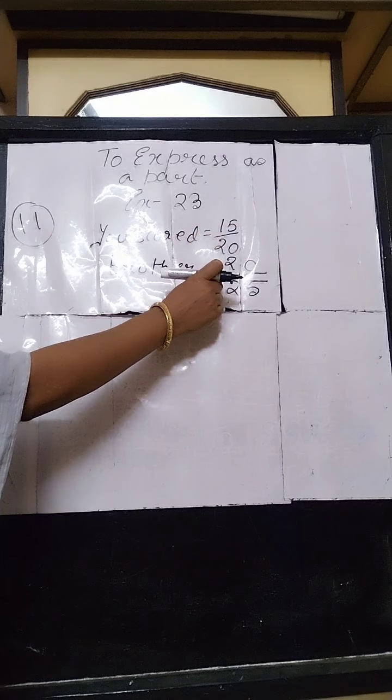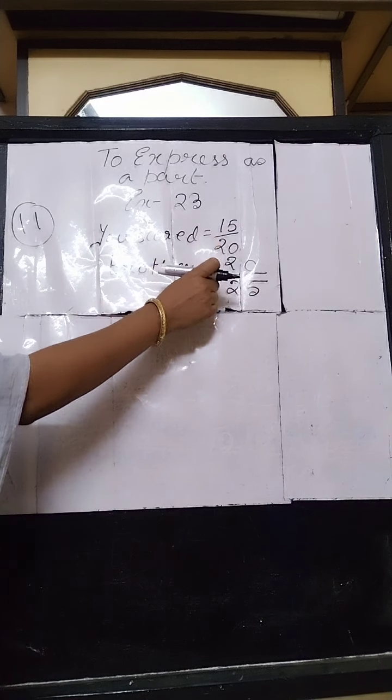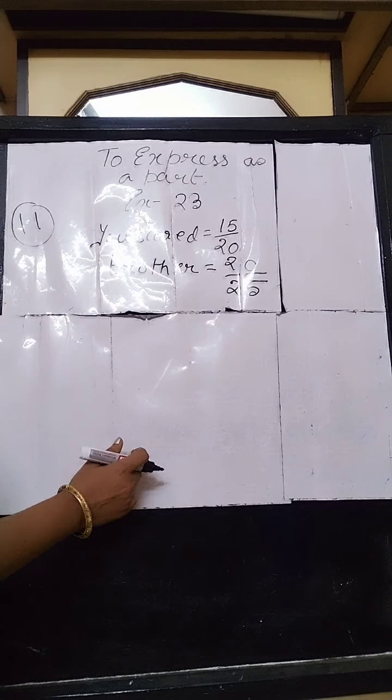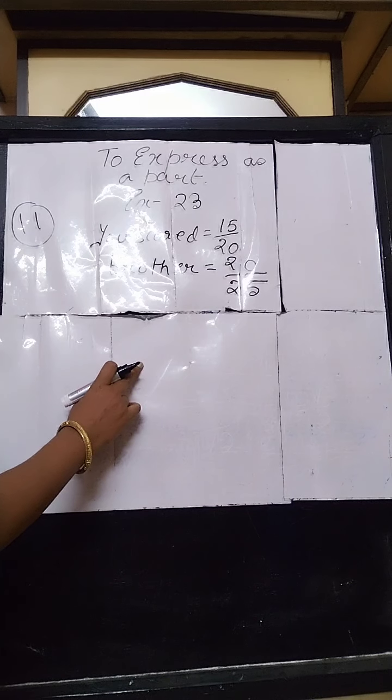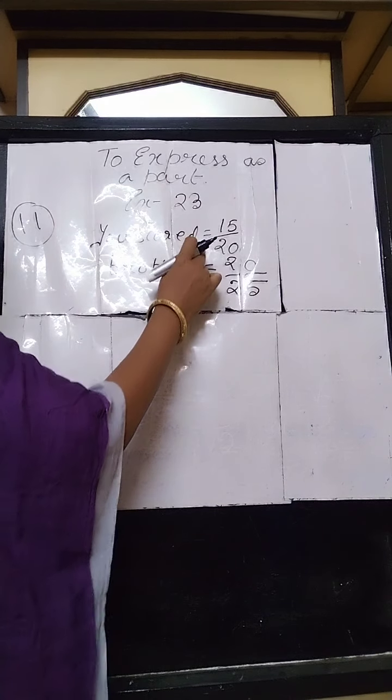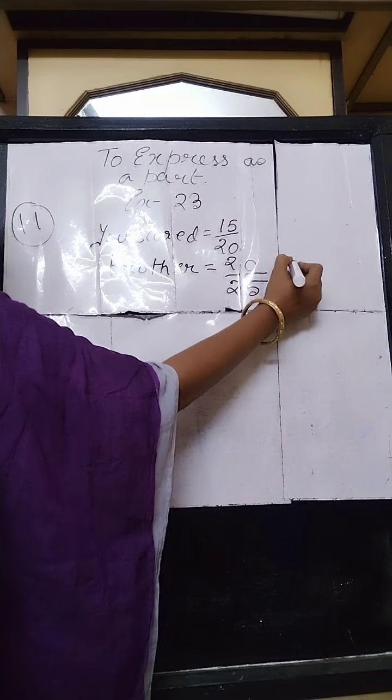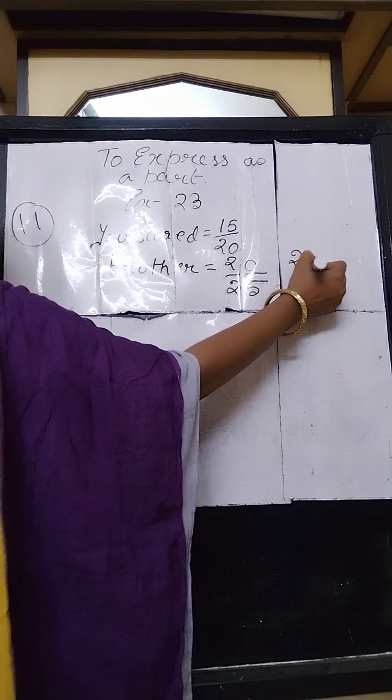So how will you compare? Now you cannot compare this because the denominators are different, but by making the denominators the same, you can make a comparison. So first we have to equalize the denominator. How? By doing the LCM of 20 and 25, both are the denominators.